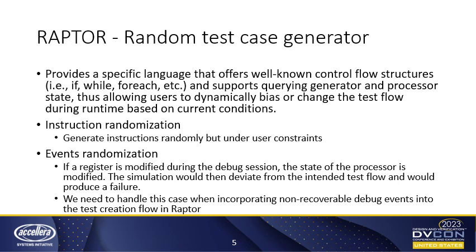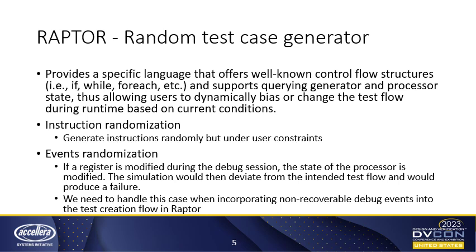Raptor also supports randomly inserting various types of events during the test case generation, such as various debug requests and triggers. The verification environment parses the events and generates the same ones for the test bench.